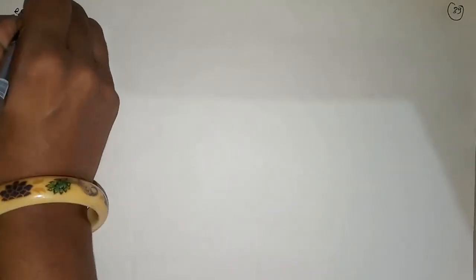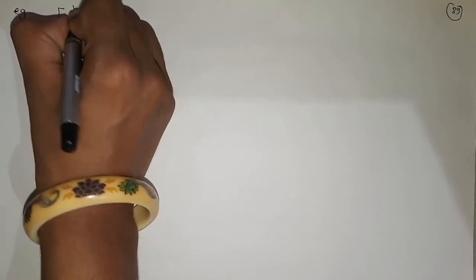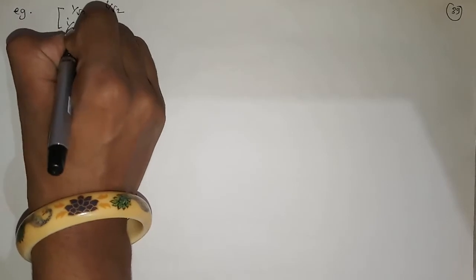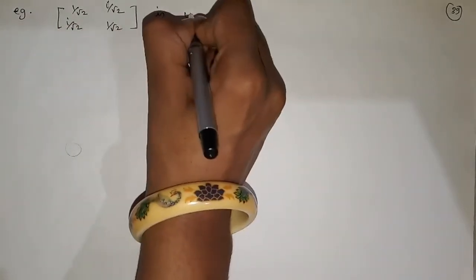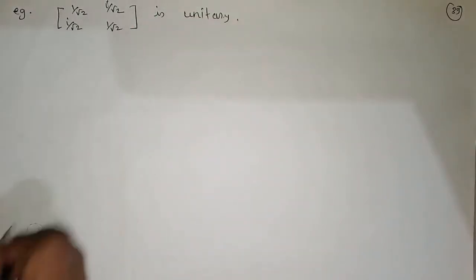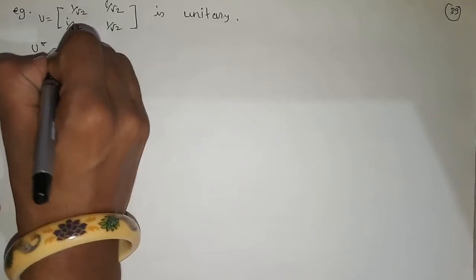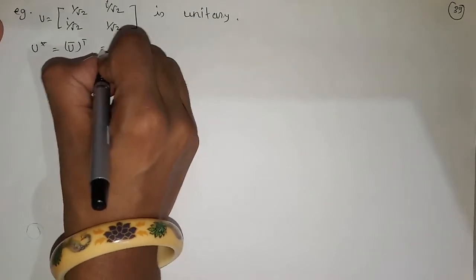Now next example is for unitary matrix. We have to prove that 1 upon root 2, i by root 2, i upon root 2, 1 by root 2 is unitary. So we have to prove this. For this we want to find U star. So suppose this is U, and U star is nothing but U bar transpose. So first of all we will find bar of this.